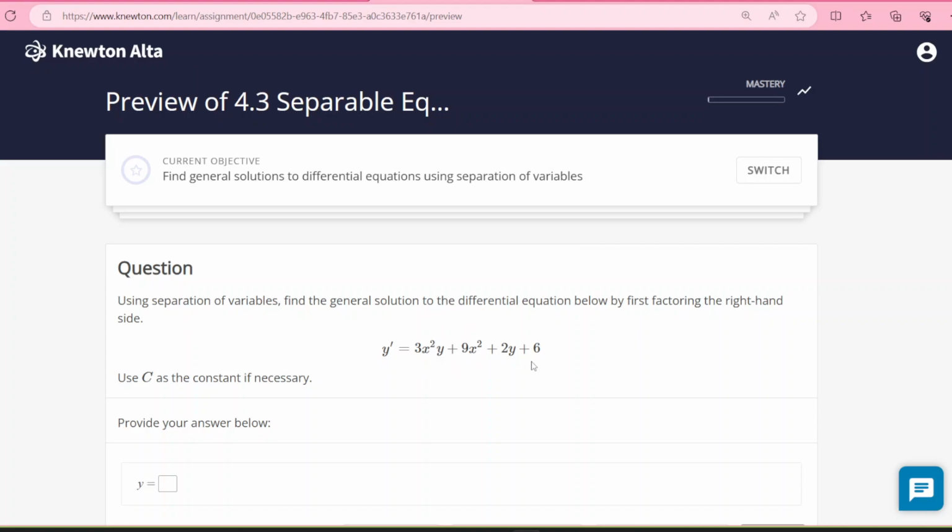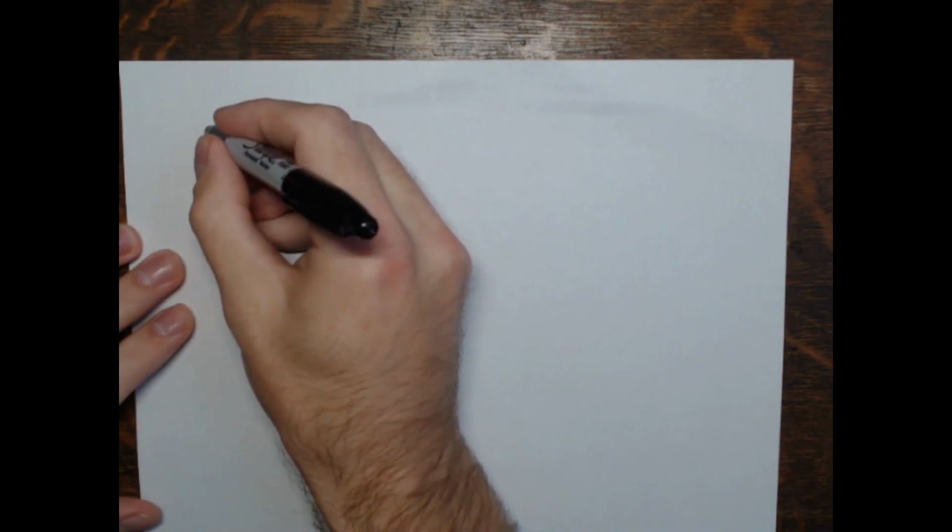So I'll write out this equation here, and then we're going to see how it's separable by factoring the right side. We're going to factor the expression on the right side here so that it is a function of x multiplied by a function of y. And now you'll see this separation. So here's our equation at y prime.